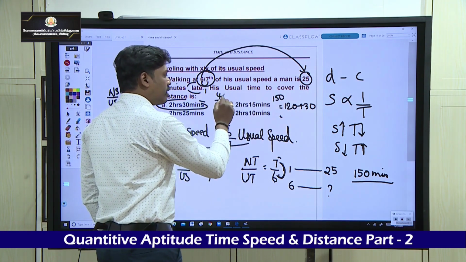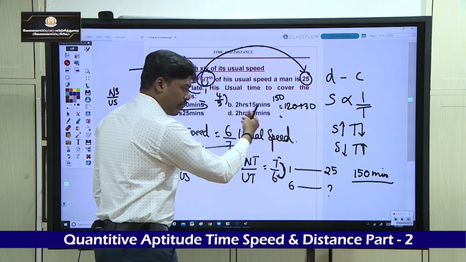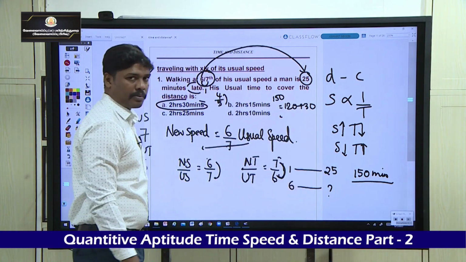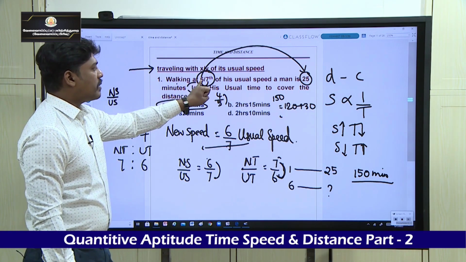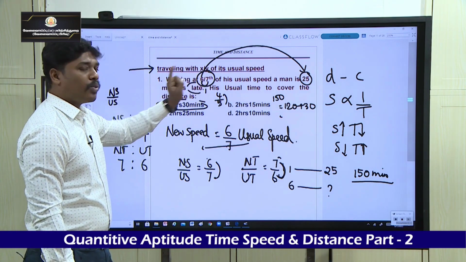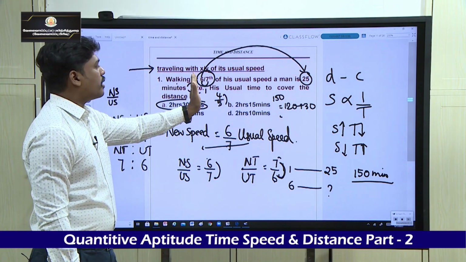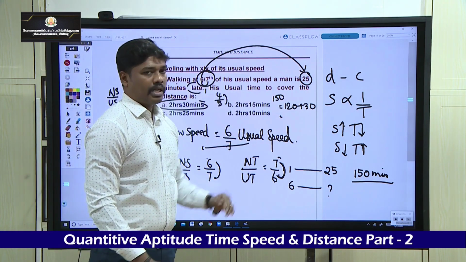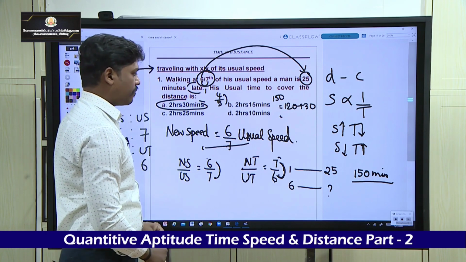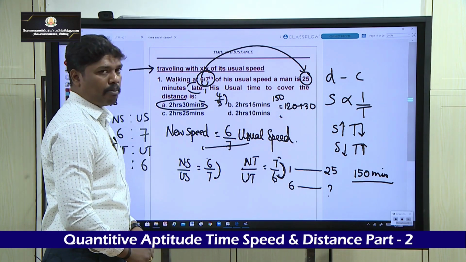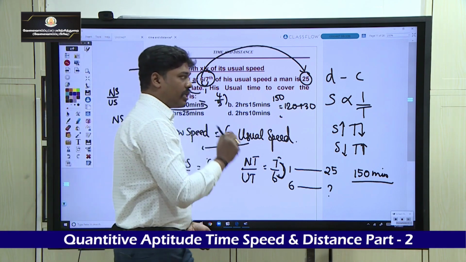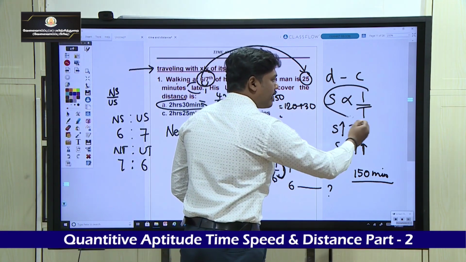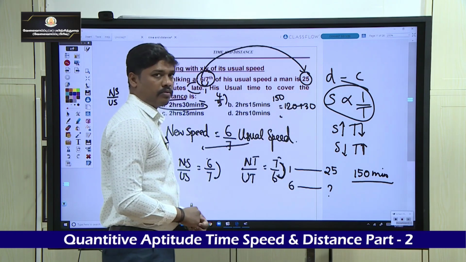If the difference is more than 1, you have to follow the earlier concept. Is that clear? Only when the difference between 6 and 7 is 1, you can just multiply the numerator value into the late time, 6 and 25. You will be getting 150 minutes. Is that clear? So what I said earlier, this concept is very important.